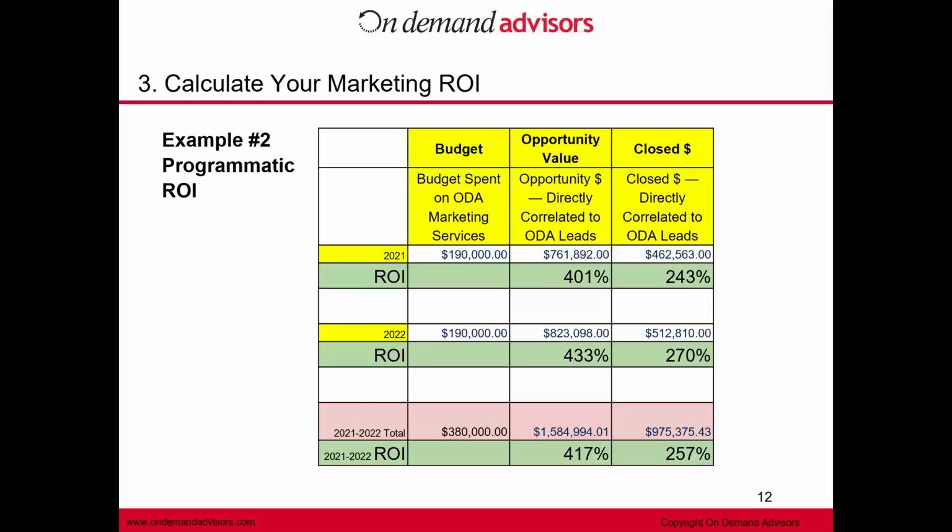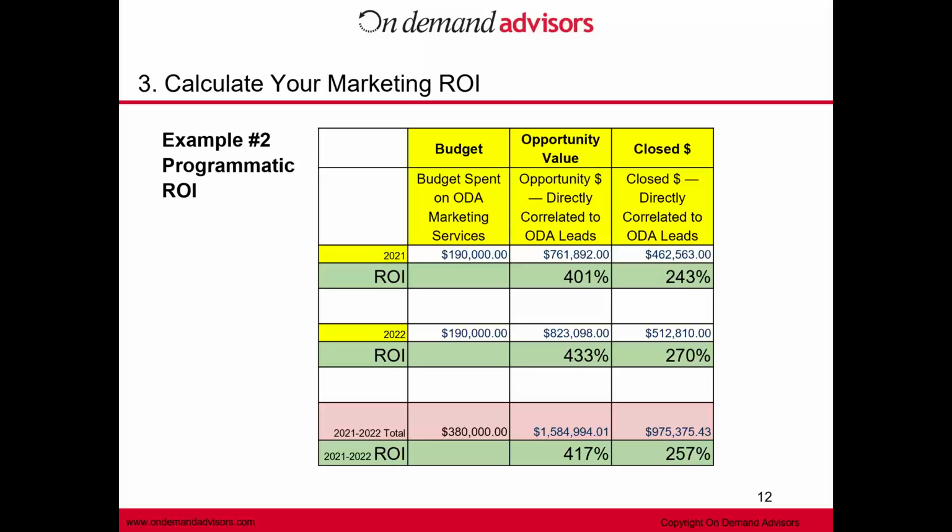The next one is interesting. It's a different company. You can see the programmatic spend in the left column, and then you can see the ROI for the opportunity at 401%, and the ROI for opportunities in 2022 being 433%. So a nice gradual increase.